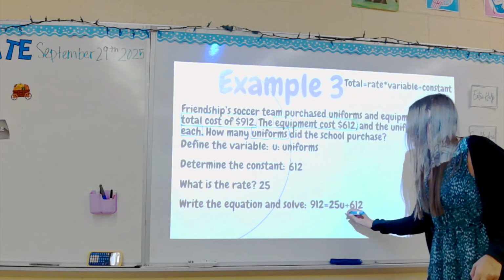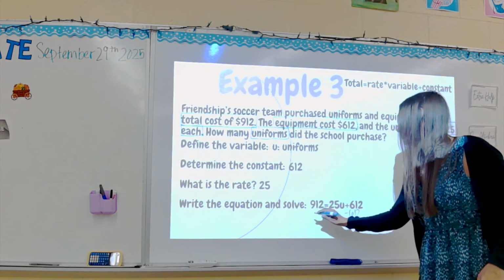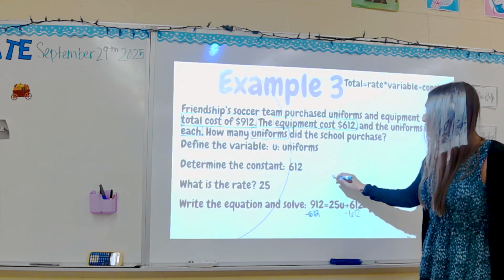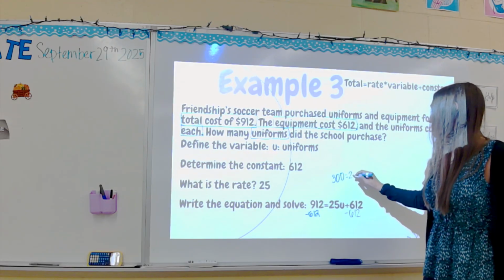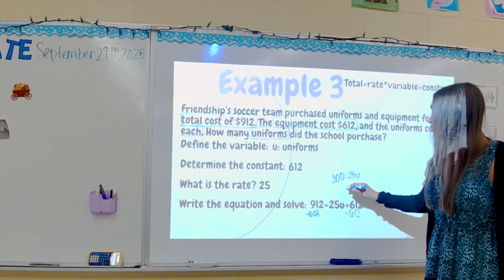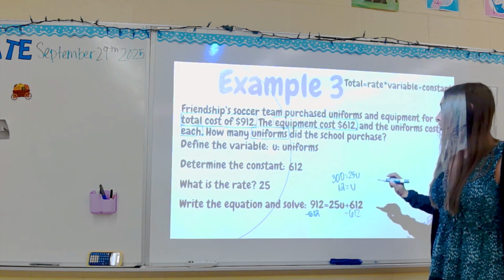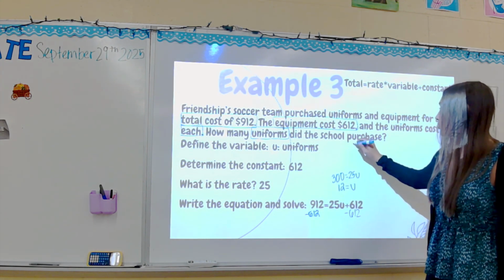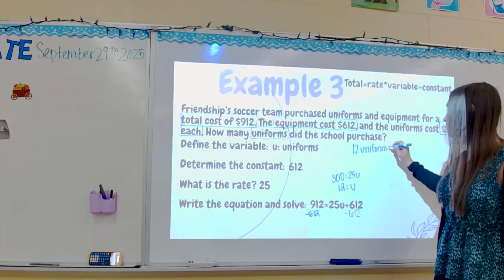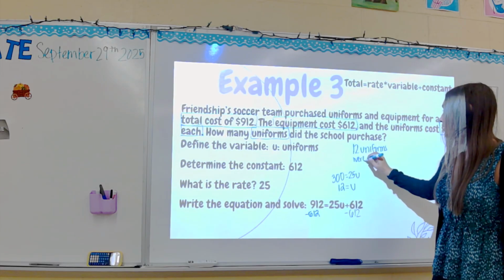So I'm going to subtract 612 from both sides. And I get 300 equals 25U. I divide both sides by 25 and I get U equals 12. So I'm going to say 12 uniforms were purchased.